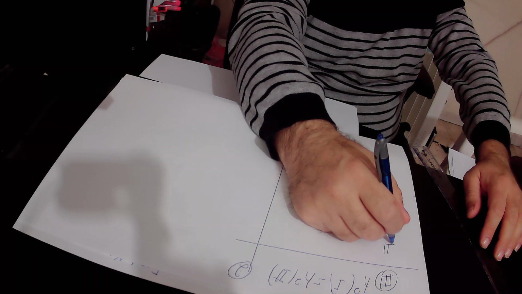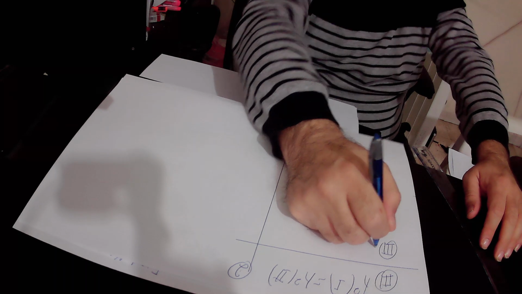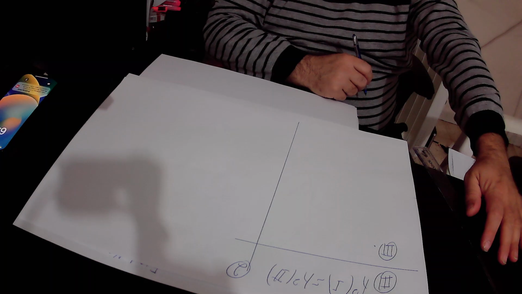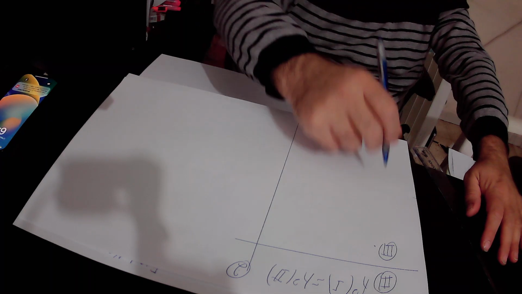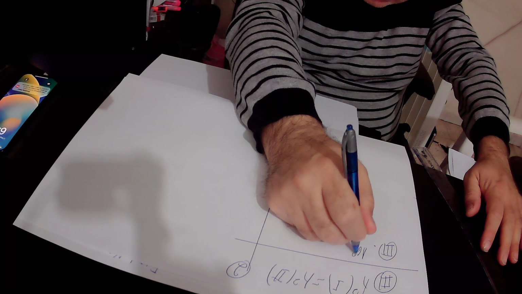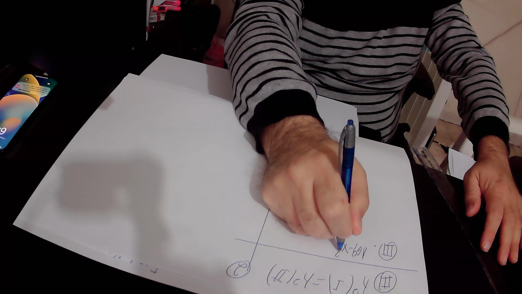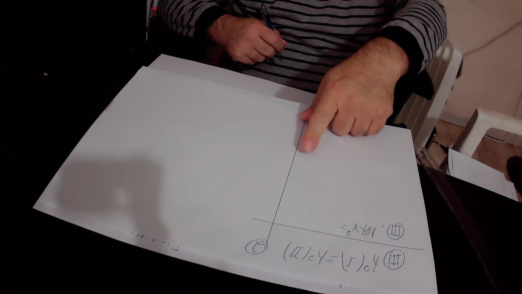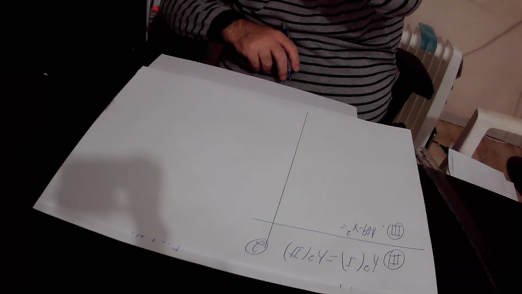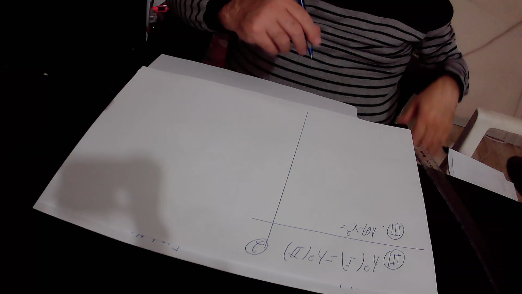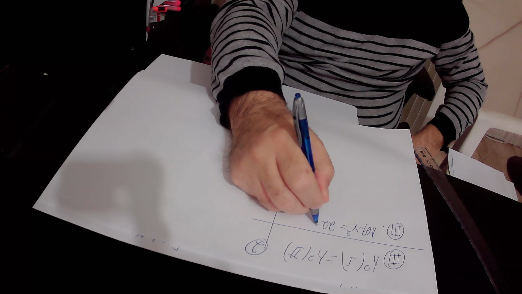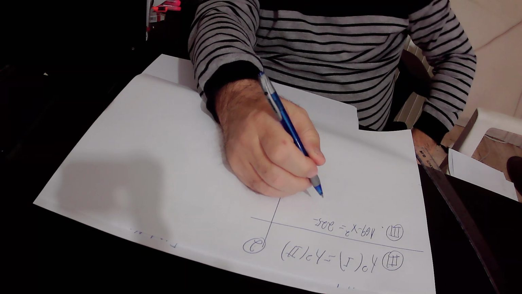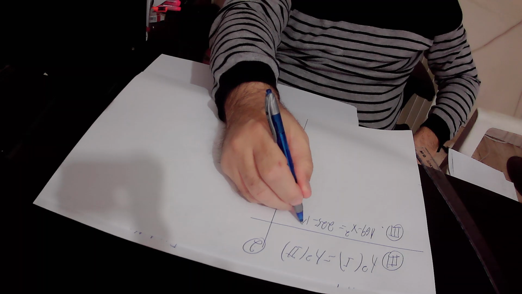So h squared according to equation number 1 equals 169 minus x squared. And it must be equal to h squared according to equation number 2. h squared according to equation number 2 equals 225 minus (14 minus x) squared.